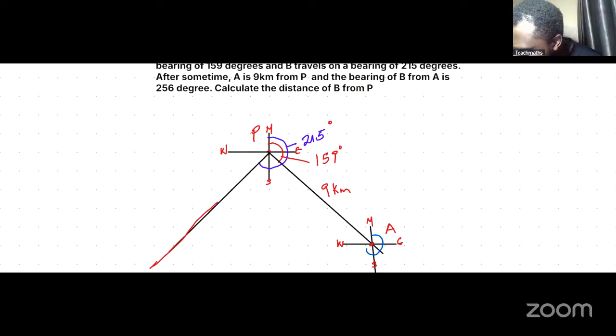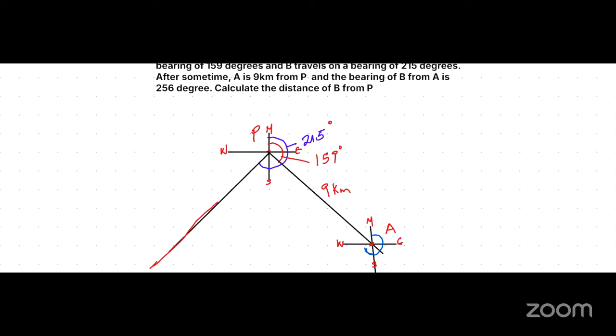We need to take this up a little bit. So let's join this line now. Good. So this is 256 degrees, the bearing of B from A. Do you understand what I've done?